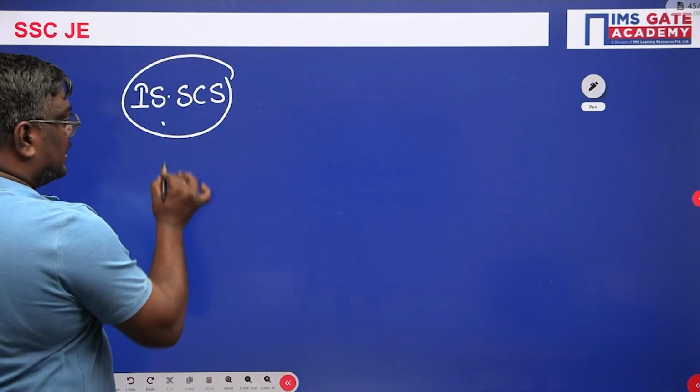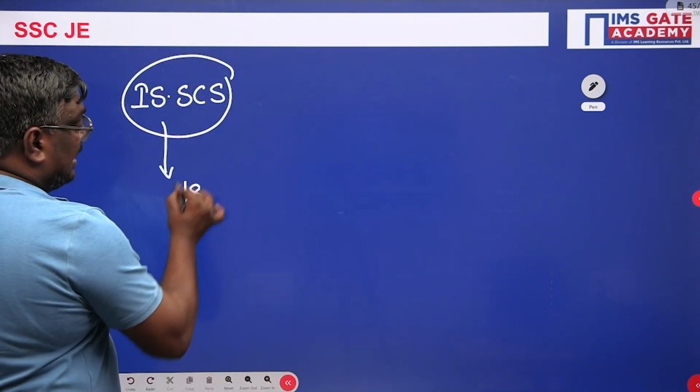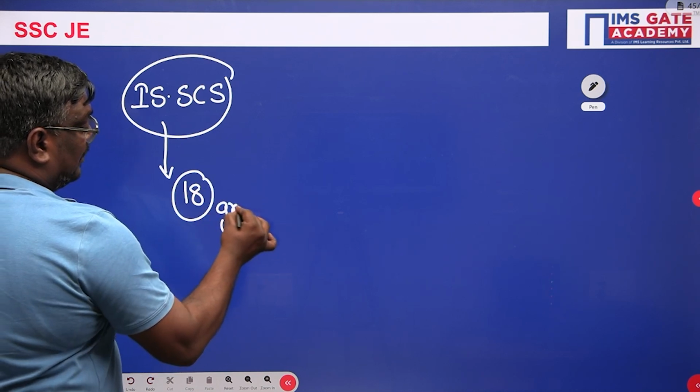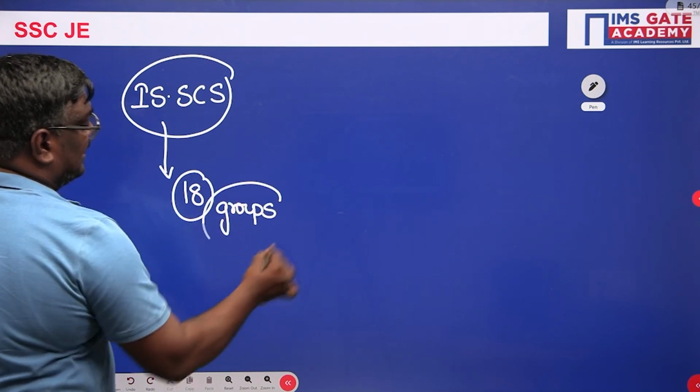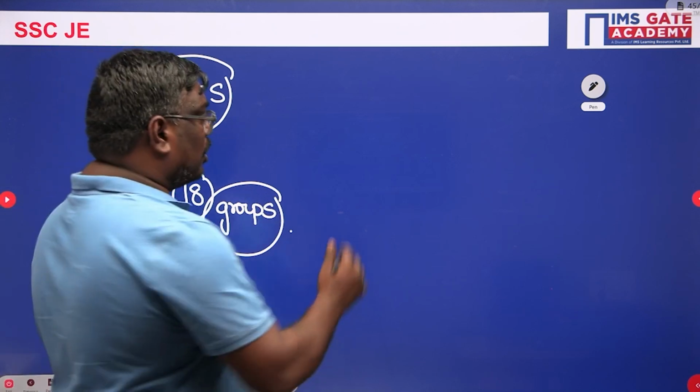According to the Indian Standard Soil Classification System, there are 18 groups they have classified. Let me explain some of the groups, students.